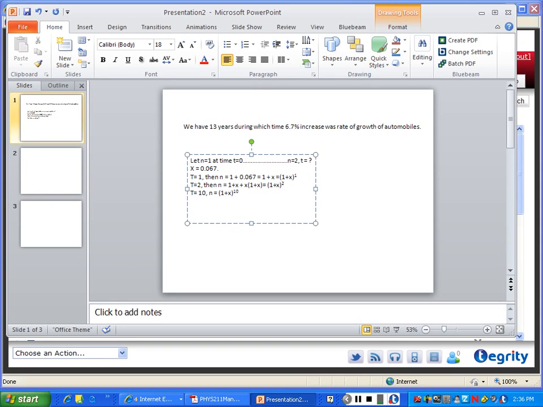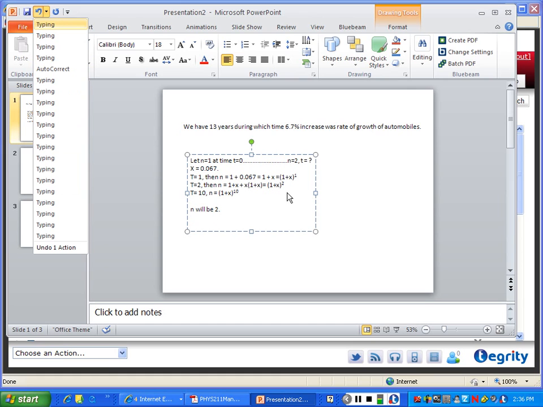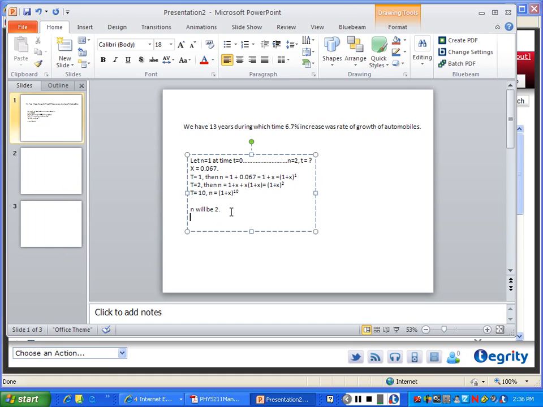So in essence, the n we're looking for will be 2, that's our ending value, a doubling of the original value. So we're going to substitute that n in our equation, 2 equals 1 plus x.